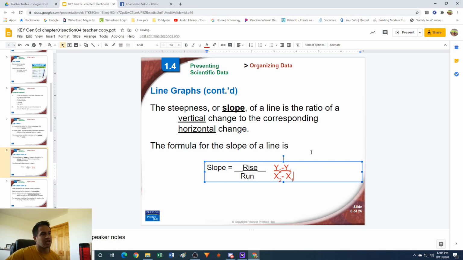That's one maybe you've seen before. Or if you haven't seen it like that, maybe you've seen it as change in y divided by change in x or something like that too. They're both the same thing.